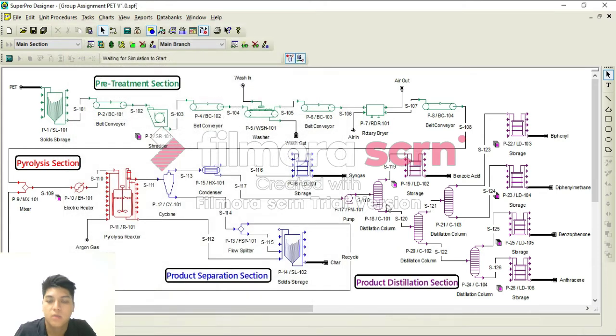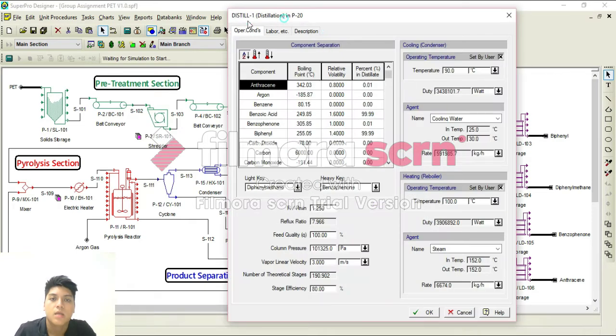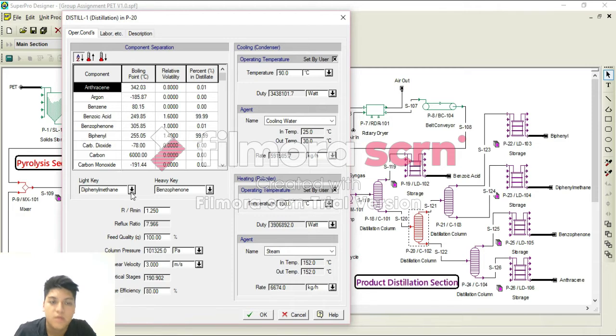whereas the bottom of the first distillation column will enter the second distillation column to separate biphenyl and diphenylmethane from benzophenone and anthracene. In the second distillation column, diphenylmethane was set to be the light key, whereas benzophenone was set to be the heavy key.